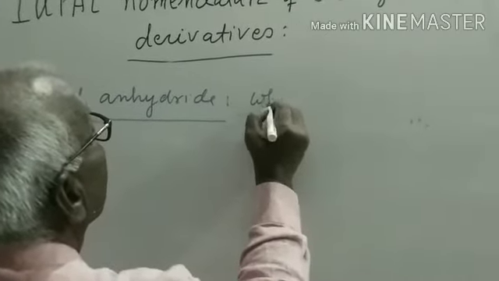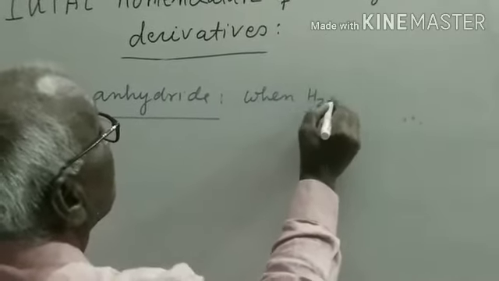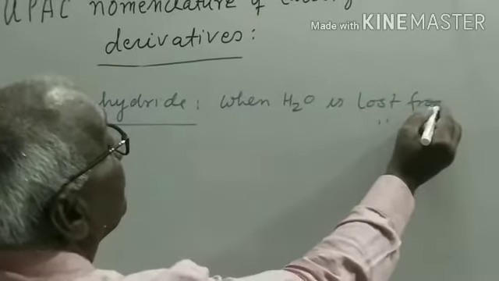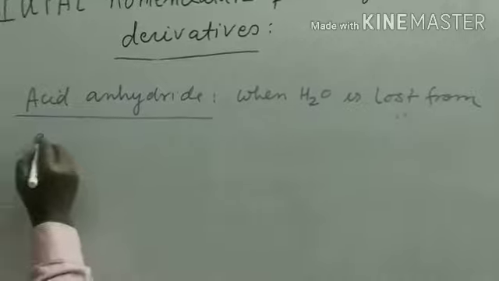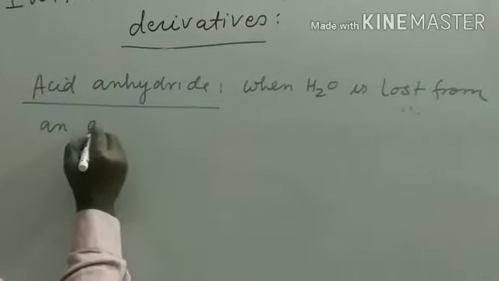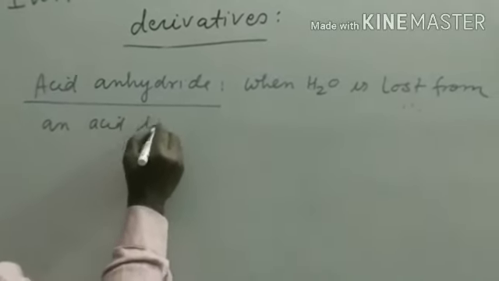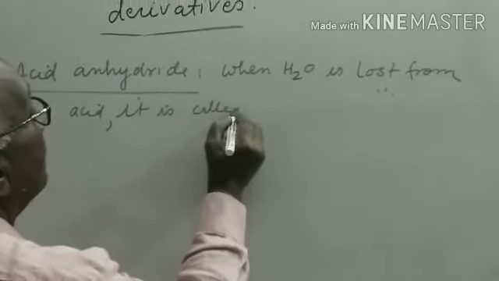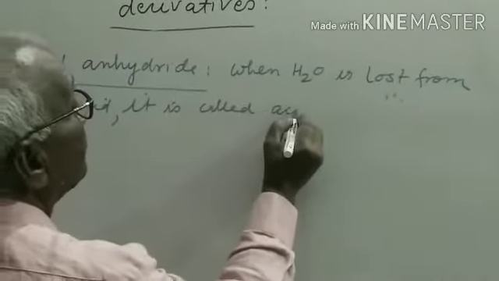When H2O is lost from an acid, it is called acid anhydride.